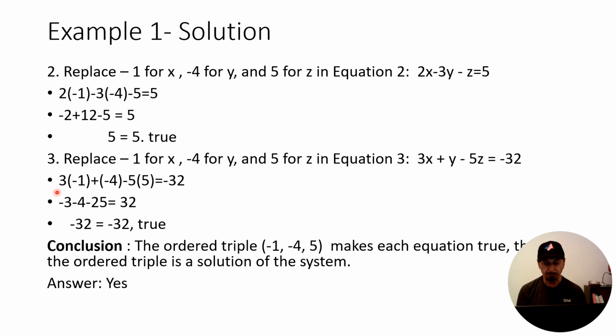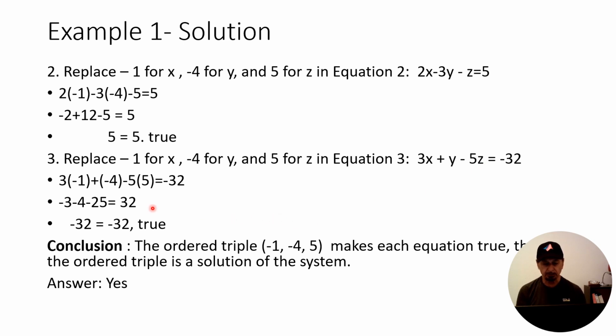So simplify: 3 times -1 is -3, plus -4, and minus 5 times 5 is minus 25, equals to -32. Now -3 subtract 4 is -7, subtract 25 is -32. So now we have -32 equals to -32, which is true. So this means that -1, -4, and 5 is also a solution to equation 3.